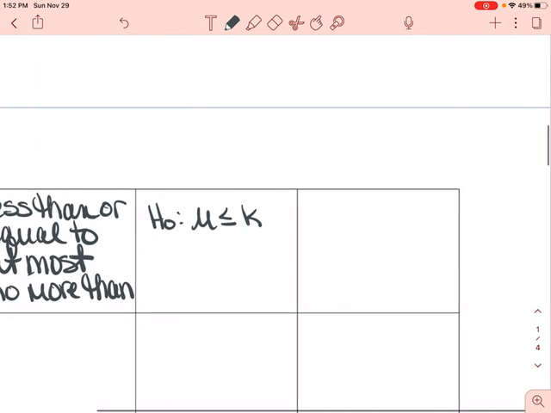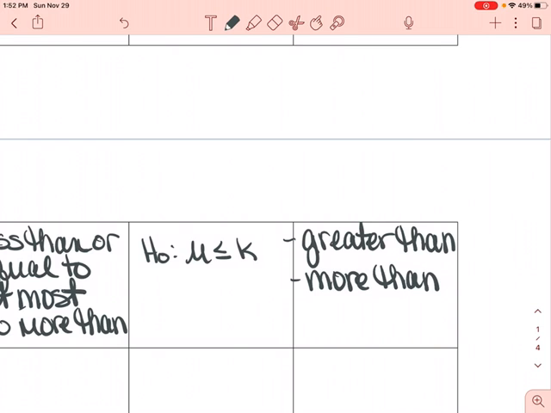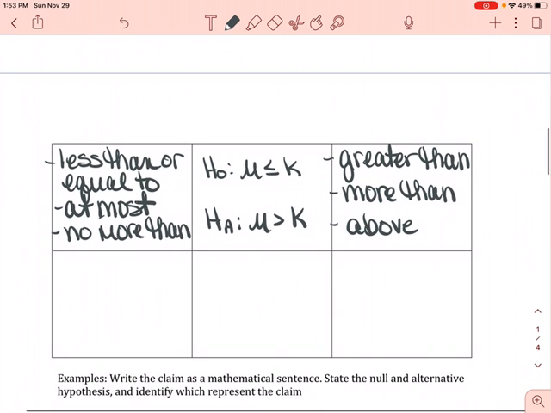Now, you might see greater than. You might see more than. You might see above. And there are more. These are just the ones I'm picking out. That means your H sub A would be greater than. Again, H sub A's are never equals. So if it contains an equal, it means it's going in H sub 0.